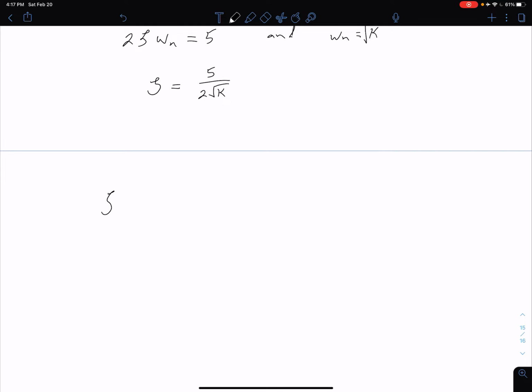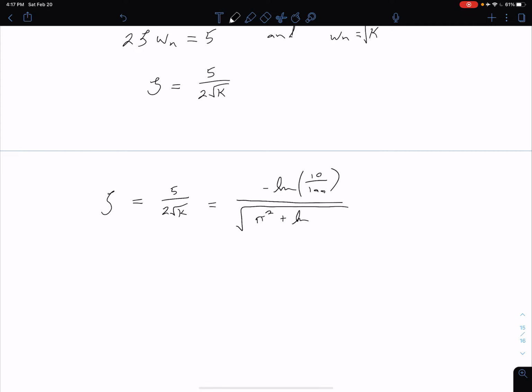So we can rearrange that equation a little bit, and we can say we know this 5 over 2 root k is equal to, and in the numerator we're going to have negative log of our desired percent overshoot, which is 10, divided by 100, and in the denominator we have the square root of pi squared plus the log squared, and again in the numerator is our desired percent overshoot of 10 divided by 100.